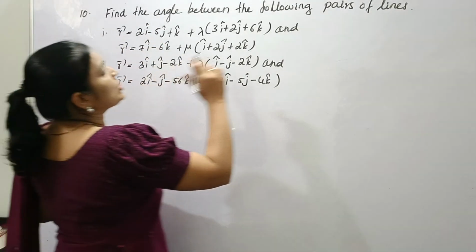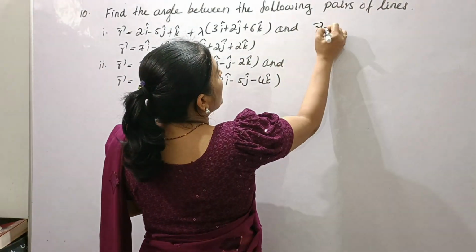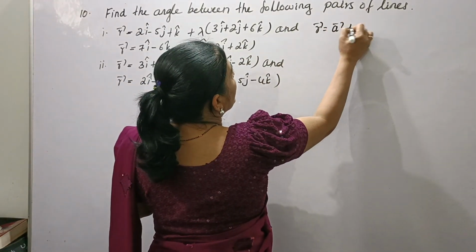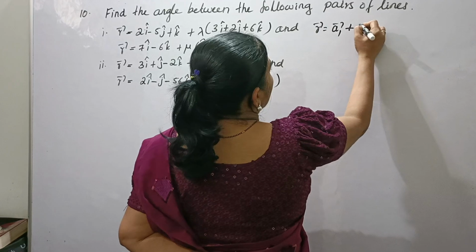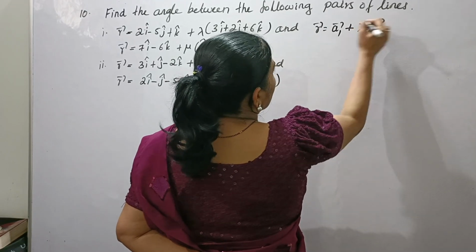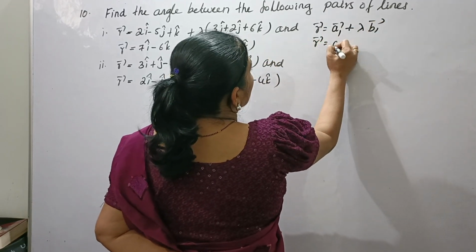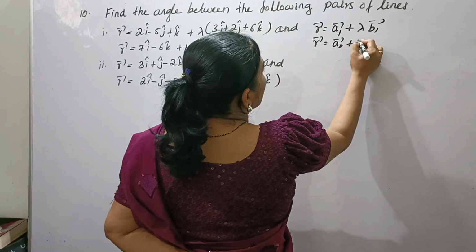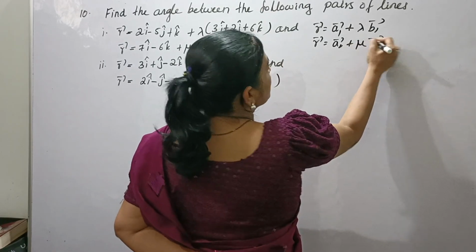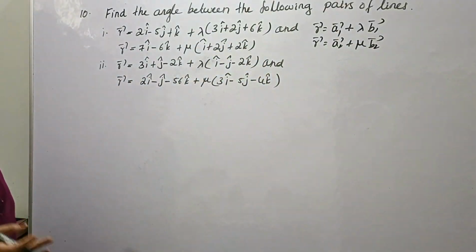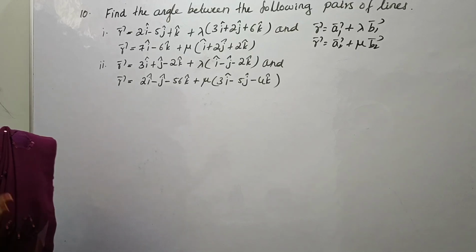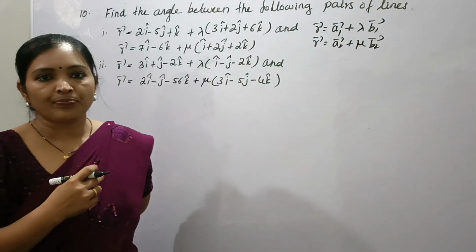These equations are of the form vector r is equal to vector a1 plus lambda vector b1, and vector r is equal to vector a2 plus mu vector b2. Here we have studied how to find the angle between these two lines.